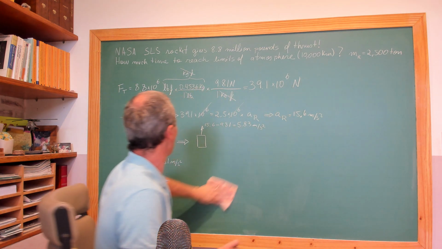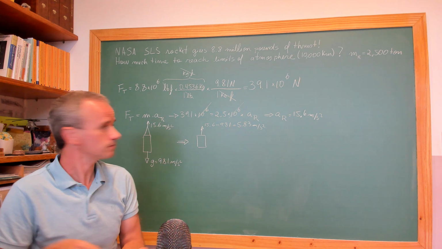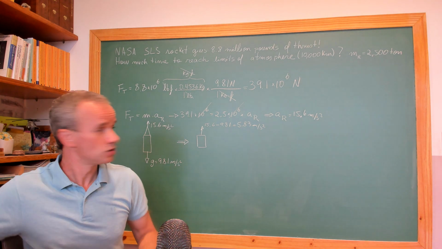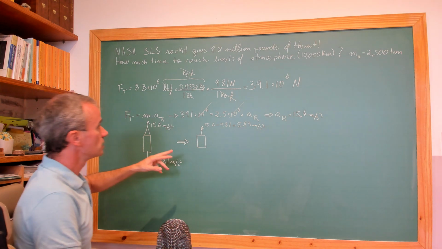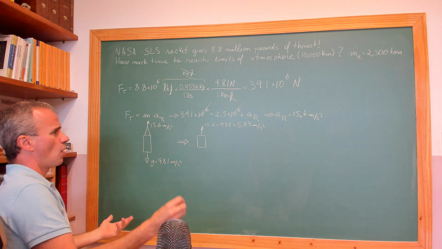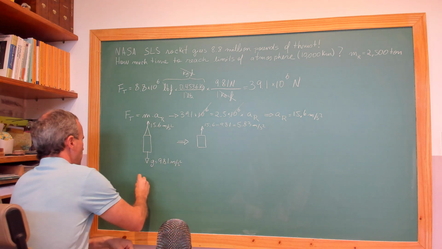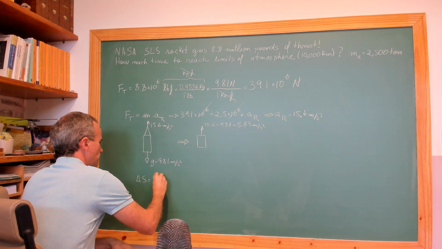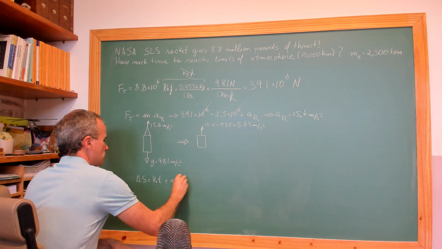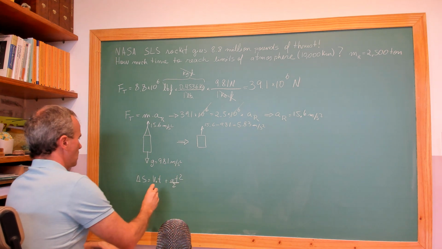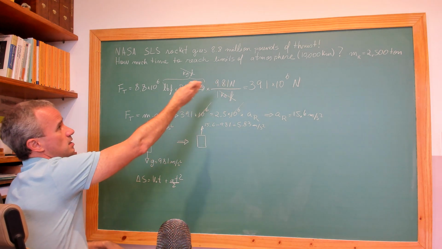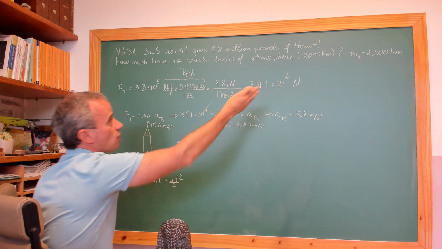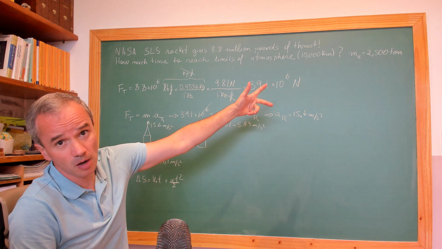Now let's just apply kinematics and let's solve it. So we have this acceleration. Now I want to know the time. How can I know the time? Well, I'm going to use the basic equation: delta S is going to be V0 t plus a t squared over 2. Delta S is going to be the atmosphere limit, right? 10,000 kilometers.